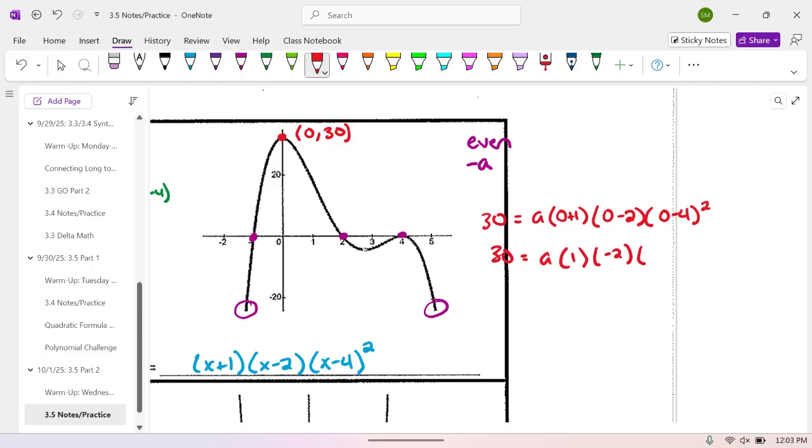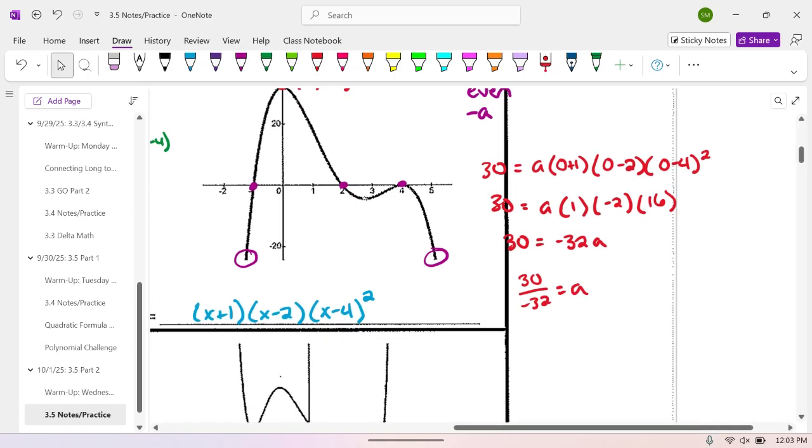What's -4 squared? Positive 16. Good. So this would be 30 is equal to 1 times -2 is -2 times 16 is -32. Divide both sides by -32.